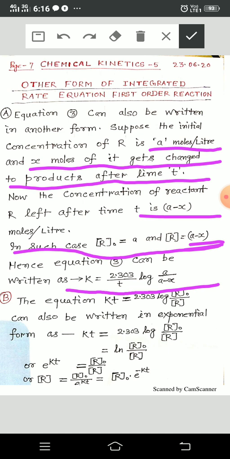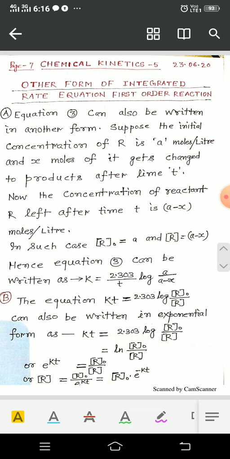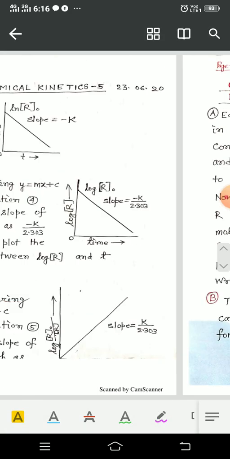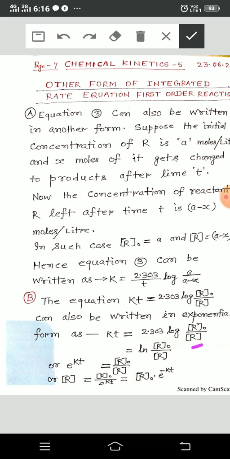Now the B form is another form. The equation kt is equal to 2.303 log initial concentration by final concentration can also be written in exponential form, that is kt equal to ln initial concentration by final concentration.